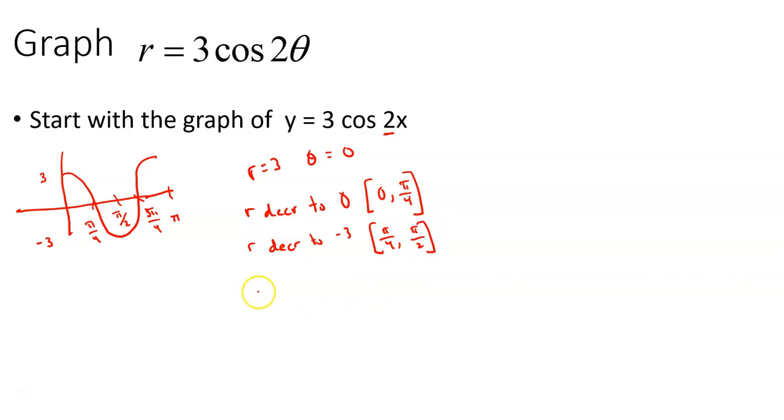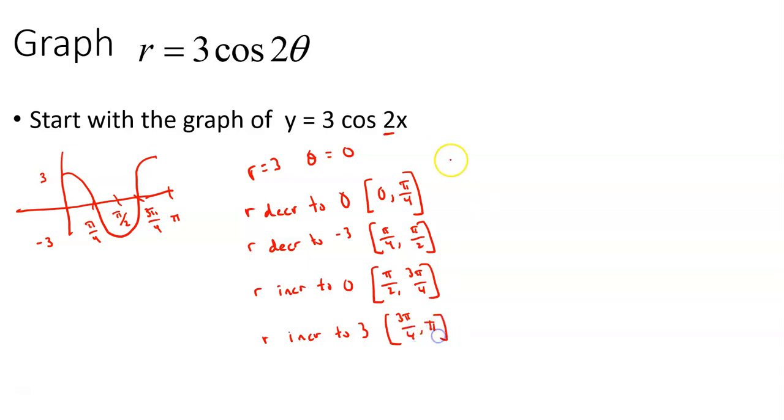Then it begins increasing again. It increases back to 0 on the interval from pi over 2 to 3 pi over 4. And then again until it gets to pi. So it increases to 3 on the interval from 3 pi over 4 to pi.